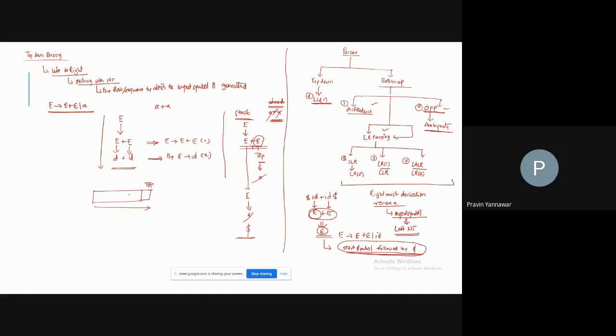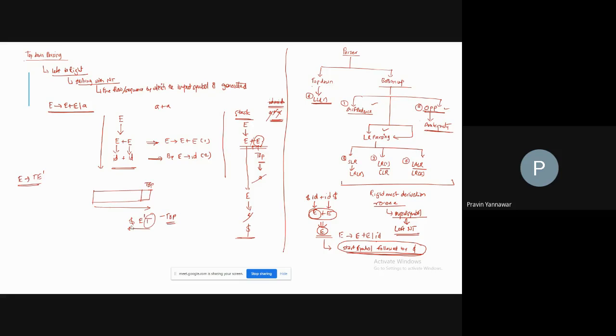Every time, for example, if E implies TE dash is the production, how do we write it on the stack? It is E dash T, so TE dash, because T has to be on the top of the stack. This is going to be the top of my stack. Okay, so understood this particular point.